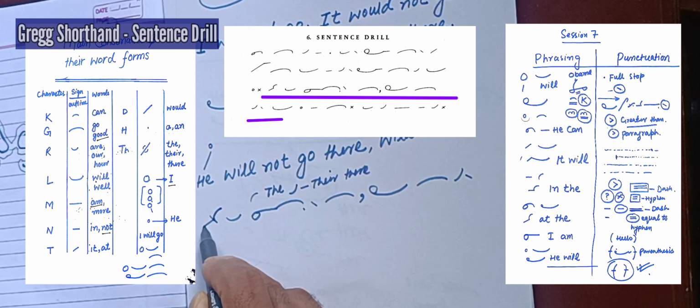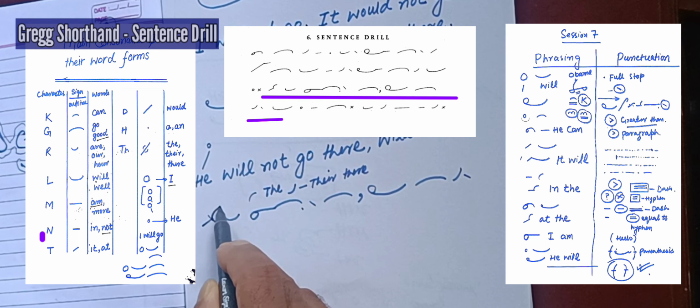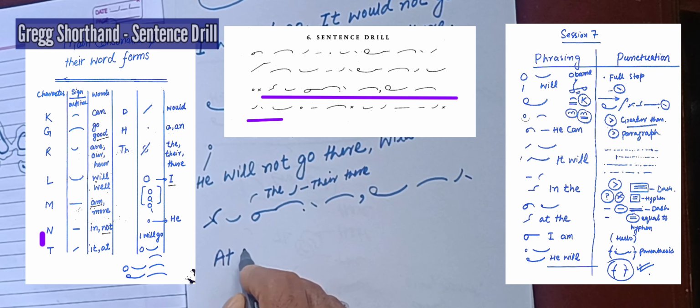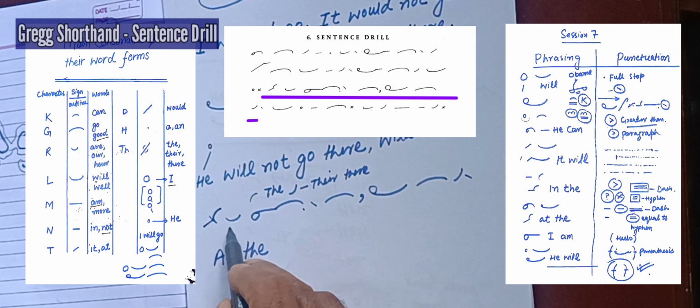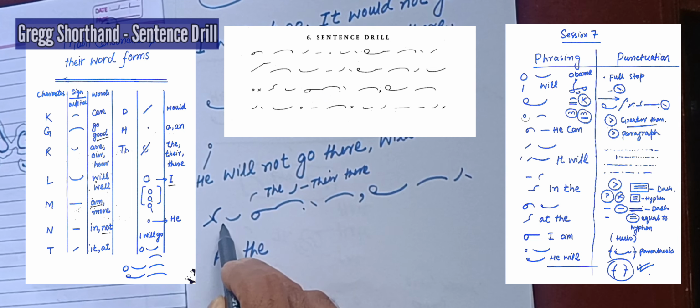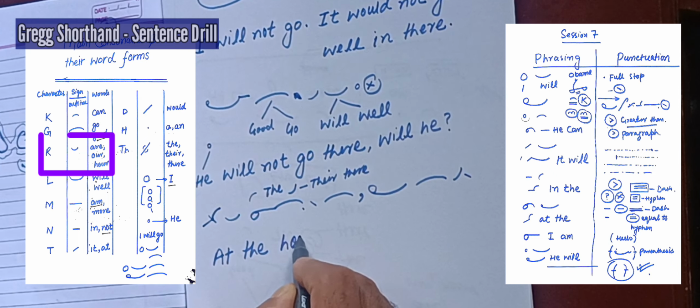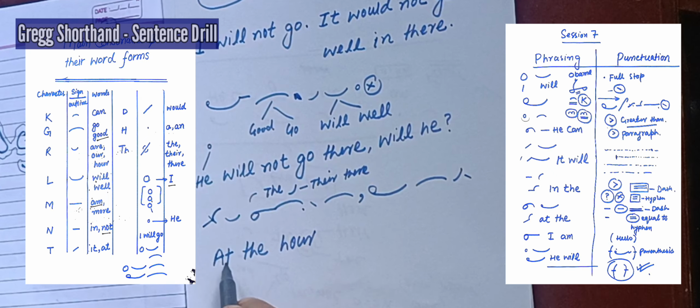So this can be it, the, this can be at the. So here, as per the context, at the. What is this? This can be our, or R, A-R-E. At the hour. What does that mean? At this point of time, at the hour.